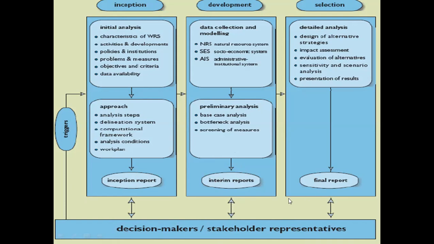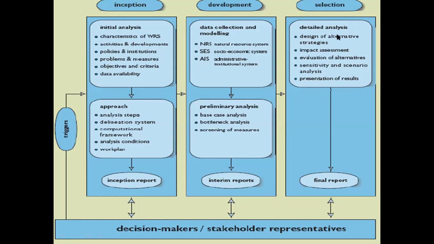And then in the selection process, a detailed analysis is done, as many models are created, and there are alternative strategies for how to conserve, protect, and reuse the water without wasting.